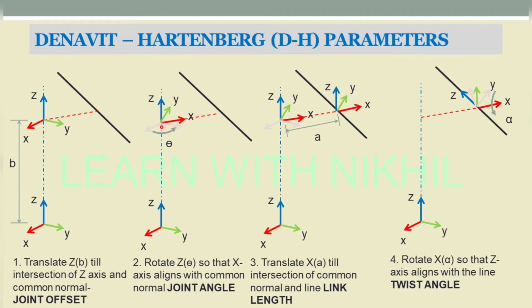This rotation is theta, called the joint angle. Now we have to transfer this from here to this point, and the transformation from this to this point is A, called the link length. And finally we again have to align the z axis onto this line, and for that we rotate along the x axis by the angle alpha, called the twist angle.